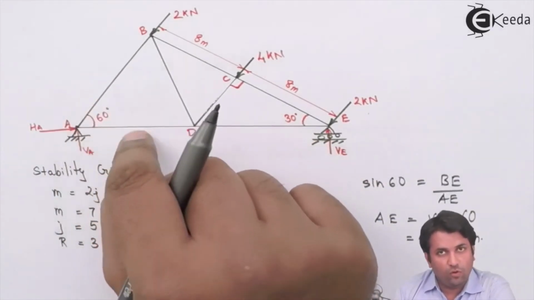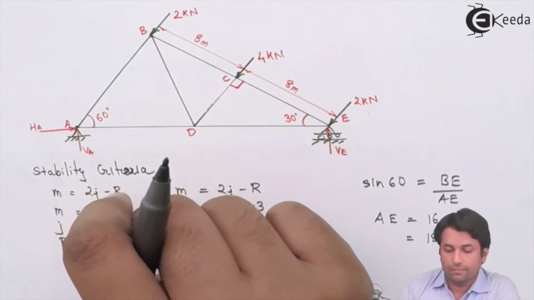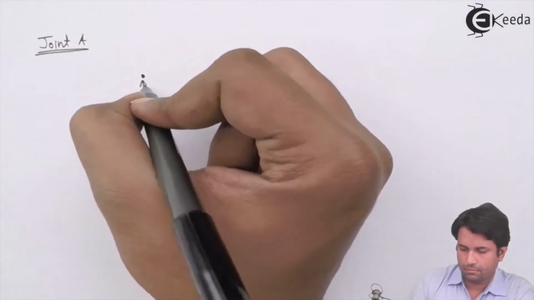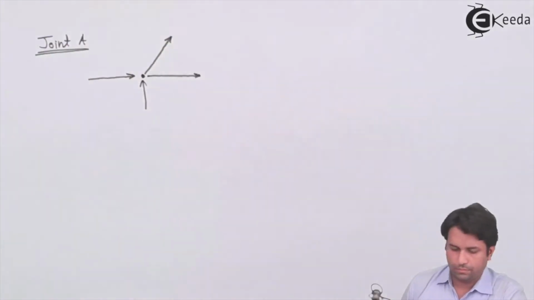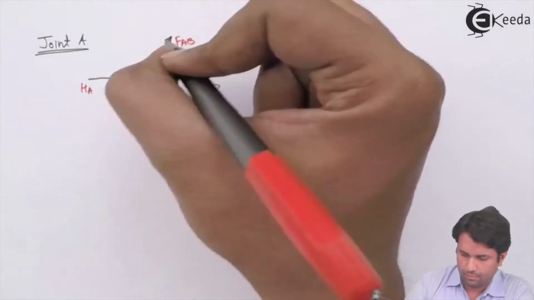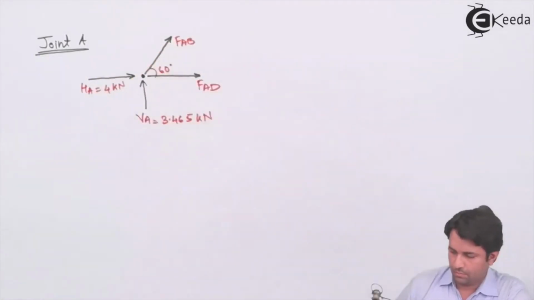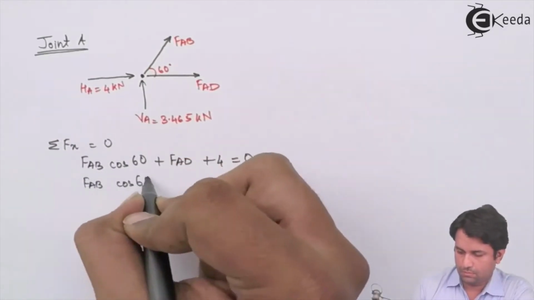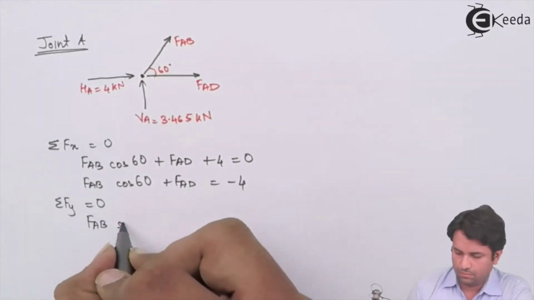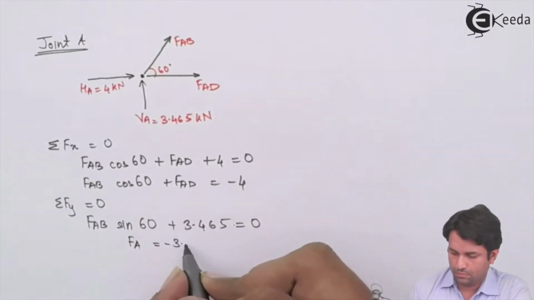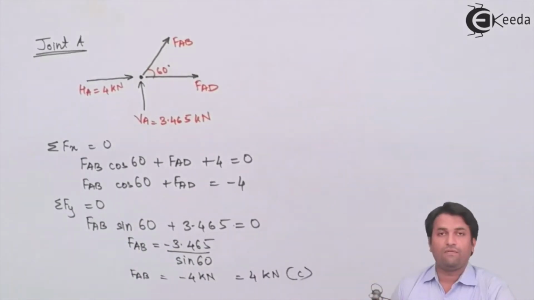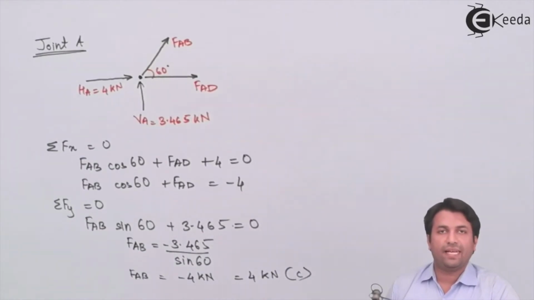I can find out these two forces by using the condition of equilibrium. We can see that the force in member is negative, so we can call it a compressive force.